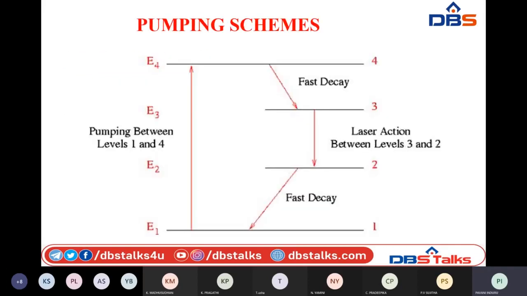Whenever we supply some external energy, either through optical pumping or electric discharge pumping, any pumping source can be used, that energy is absorbed by the atoms present in the lower energy state E1, and they are excited to the upper energy state E4.